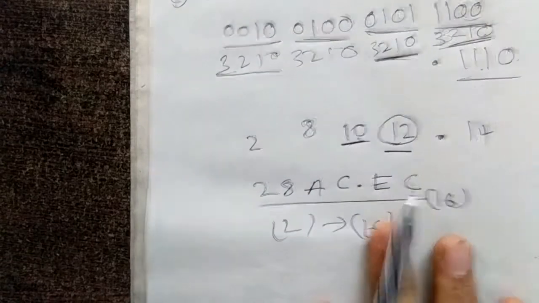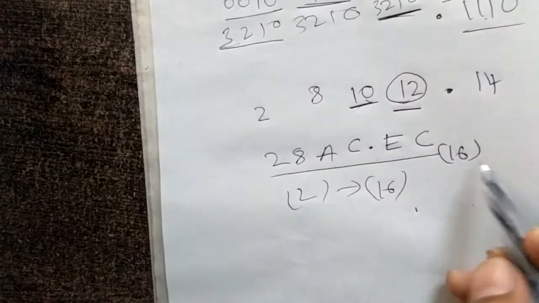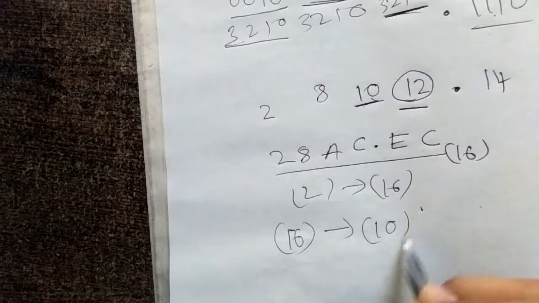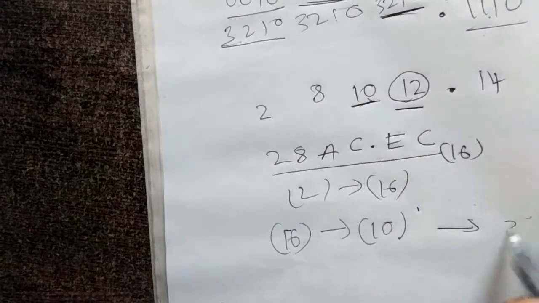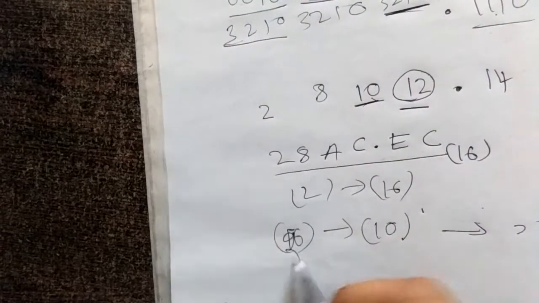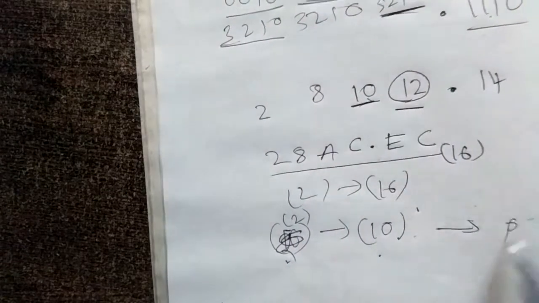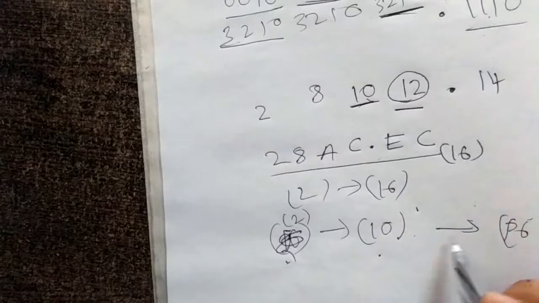But this is a shortcut method. If you want the long method, you convert binary into decimal, and then the decimal is converted into hexadecimal.